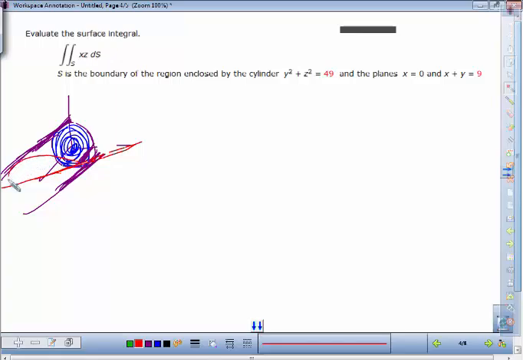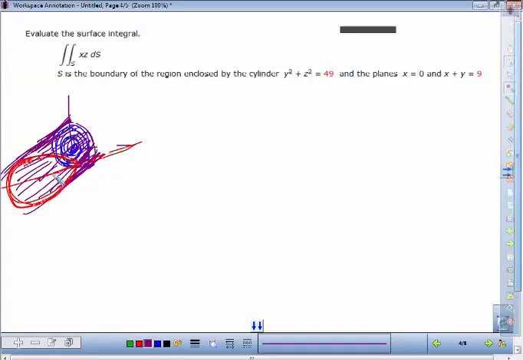What it's going to leave is kind of like an elliptical shape, where you have the surface of the cylinder, and then the back, and then the front.